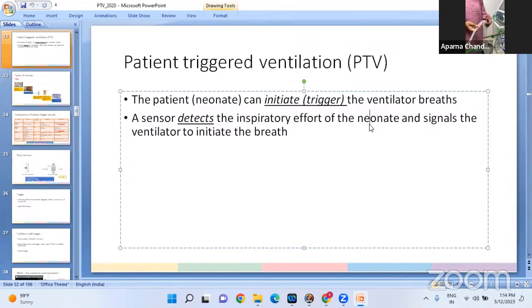When we look at the expiratory tubing, generally there will be some condensation because the gas which is leaving from the patient is at 37 degrees and 100% RH, relative humidity, but it comes in contact with the room temperature, which is at typical NICU temperature of 25-26 degrees Celsius with lesser relative humidity. So there has to be condensation in the expiratory tubing.